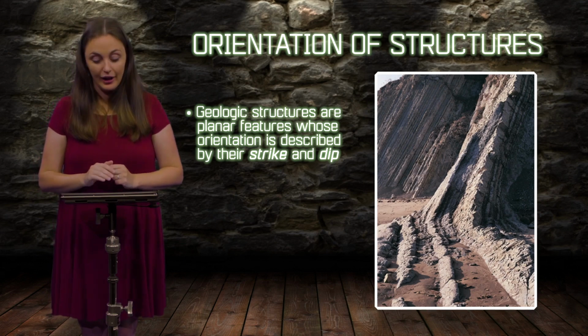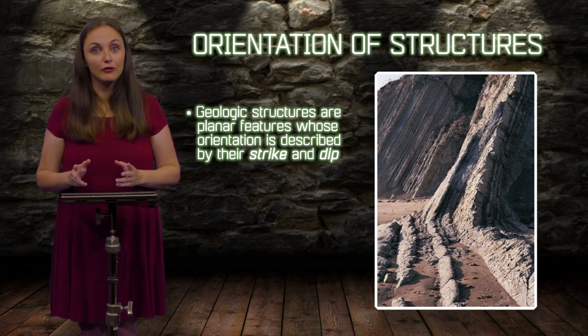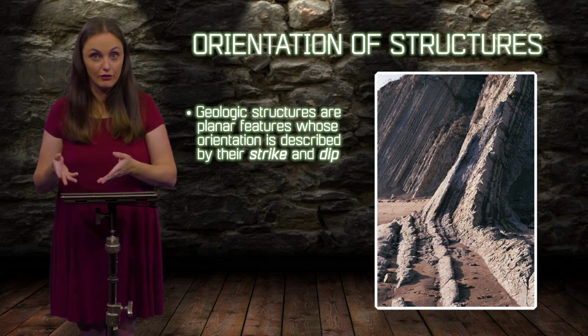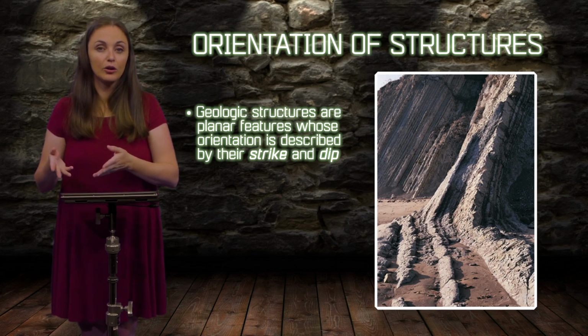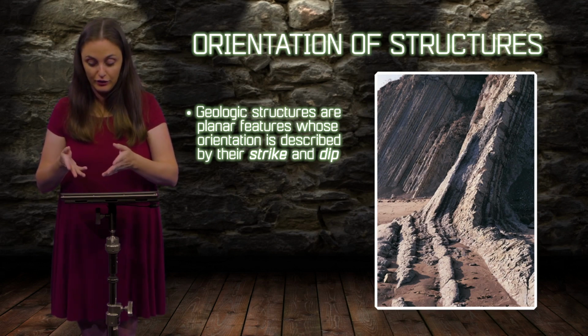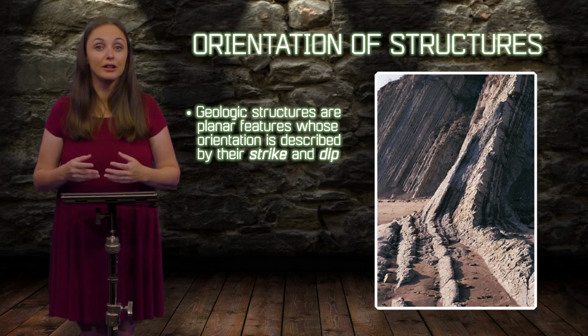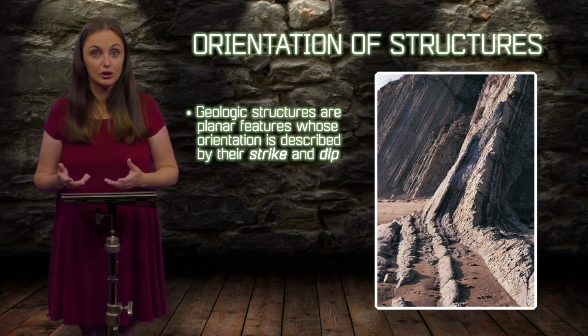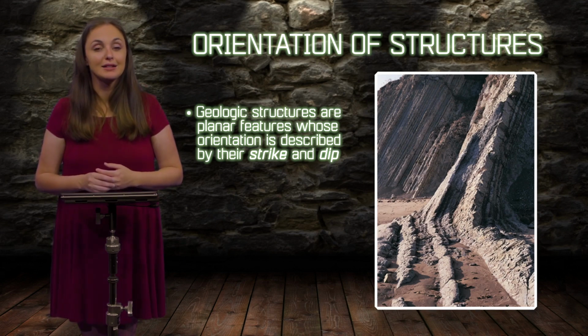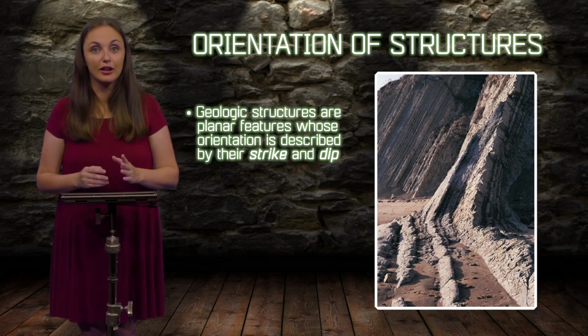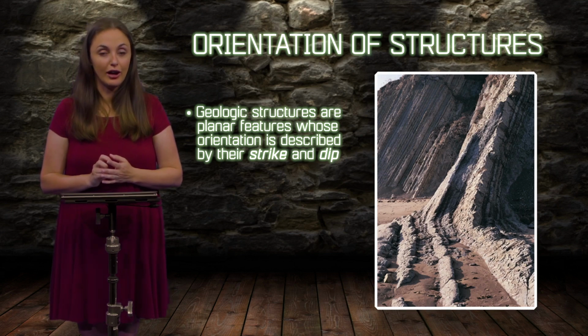Now, the strike is impossible to tell from just a sheer image of this because we don't know the overall orientation of this picture. You don't know where the picture taker was in space when he took this picture. So we have sort of incomplete information on this individual picture here. But let's say that there was a road running right next to these layers of rock, and that road was oriented perfectly north-south.